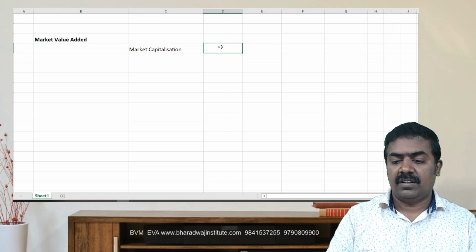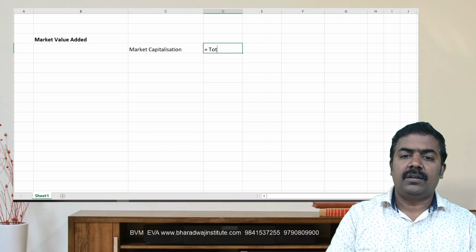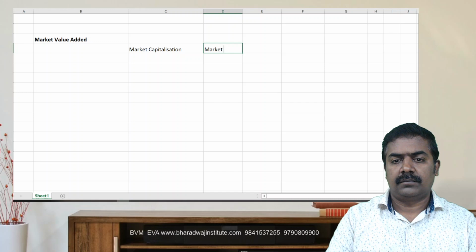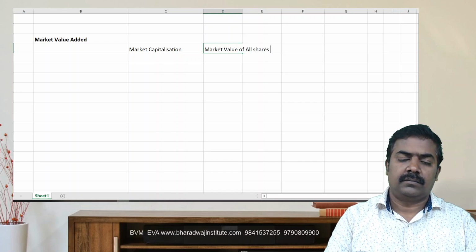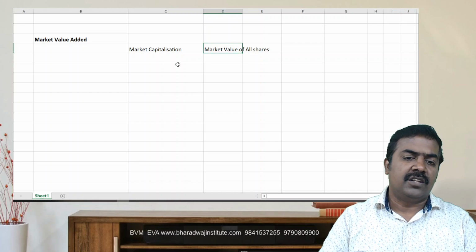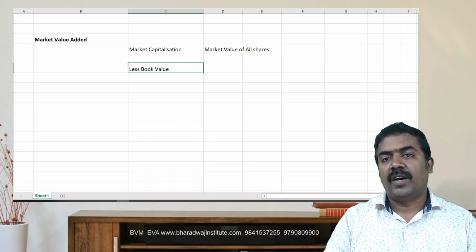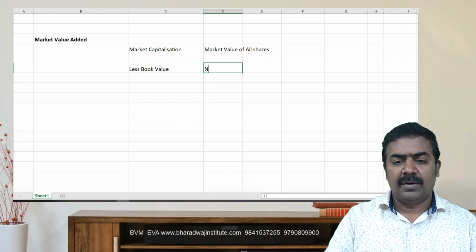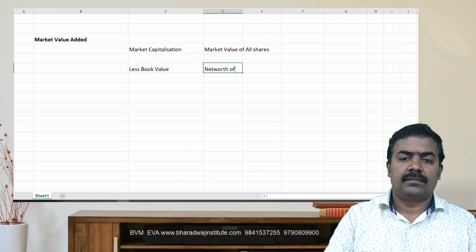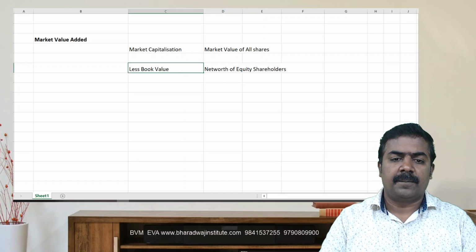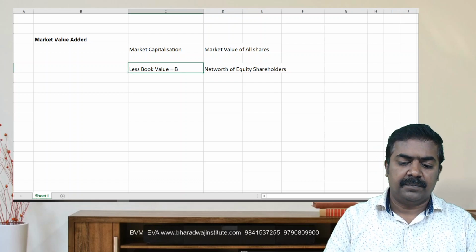Market capitalization, nothing but the total market value of all the shares, less book value. Book value is nothing but net worth, otherwise called balance sheet value.